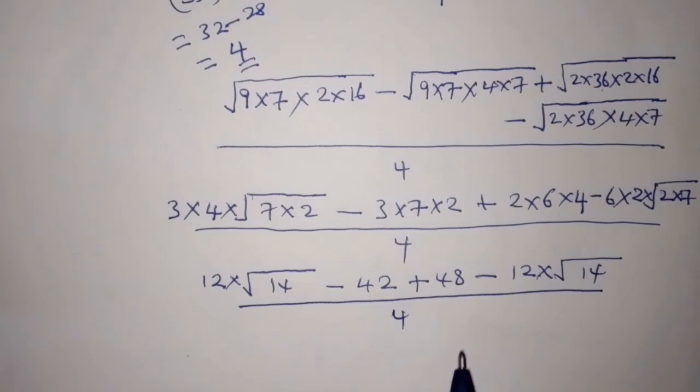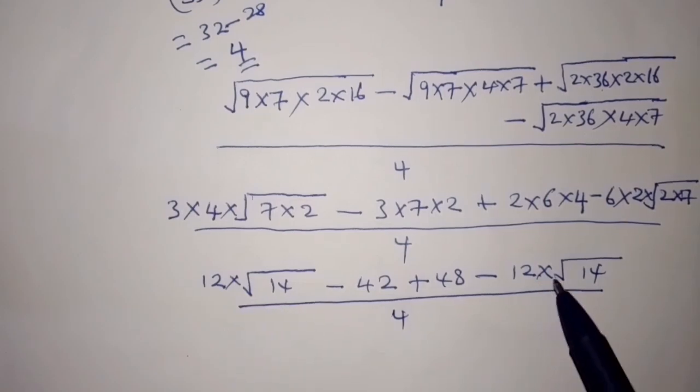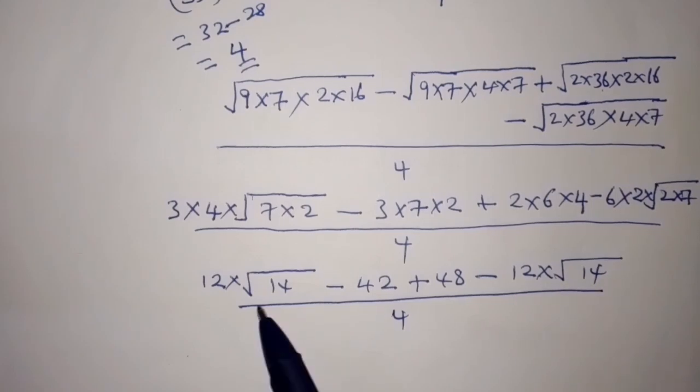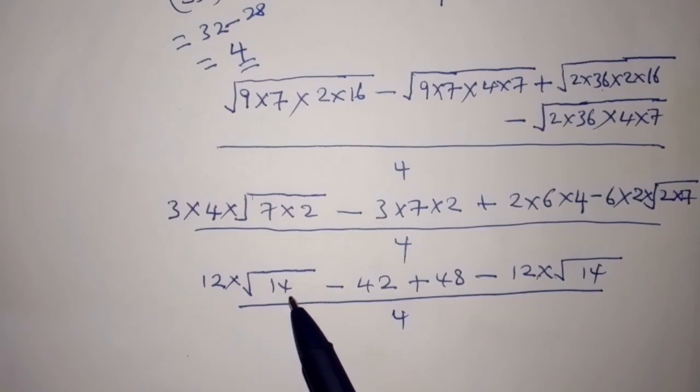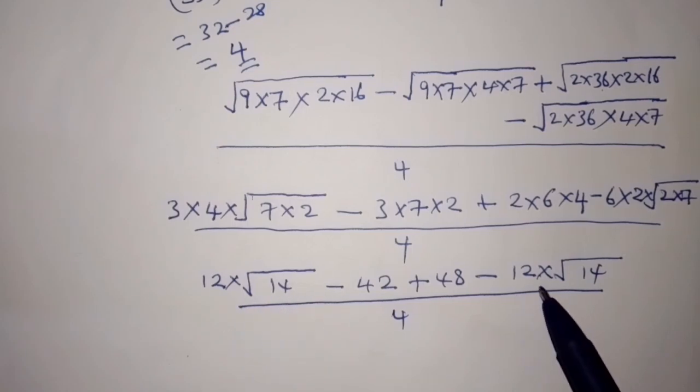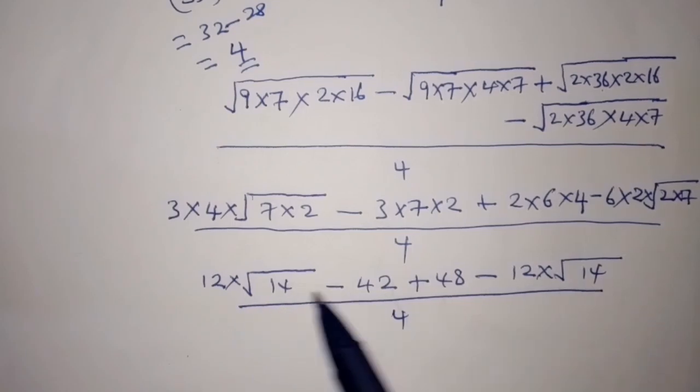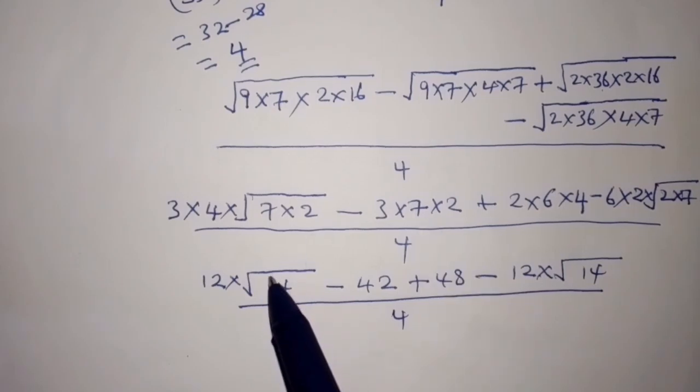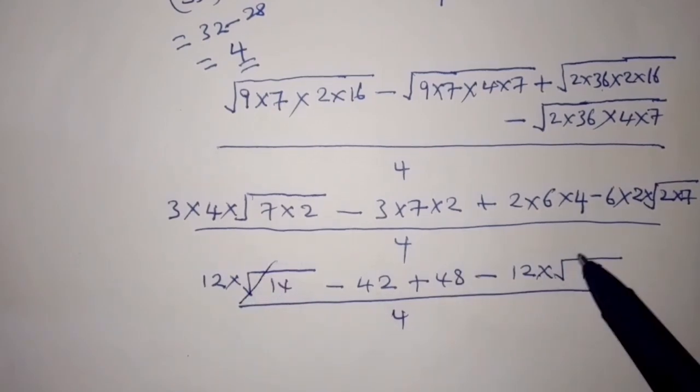So from here you can see that 12 times square root of 14 and 12 times square root of 14 are equal. So 12 times square root of 14 minus 12 times square root of 14 is going to give us 0, so they cancel.